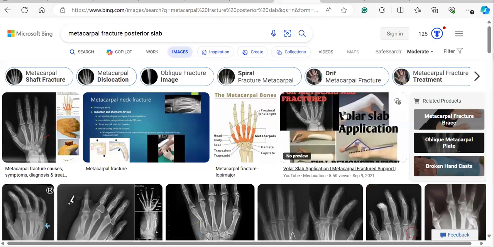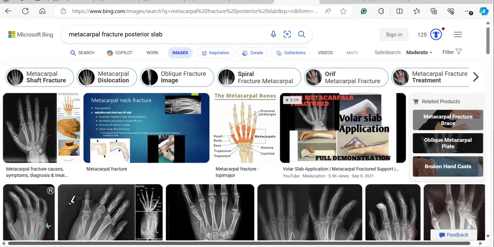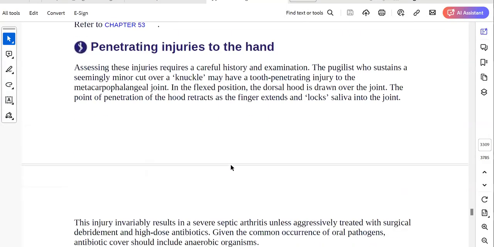So this is something like a posterior slab. That's what we usually do. Okay.